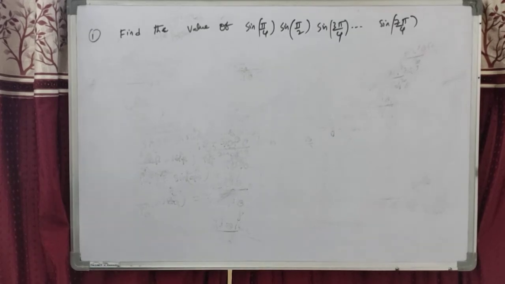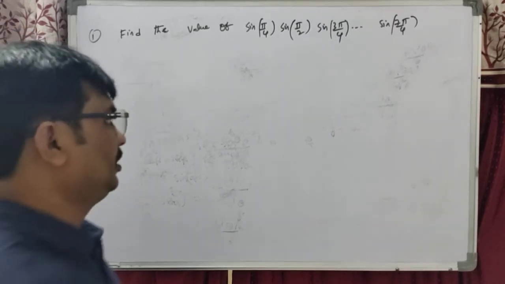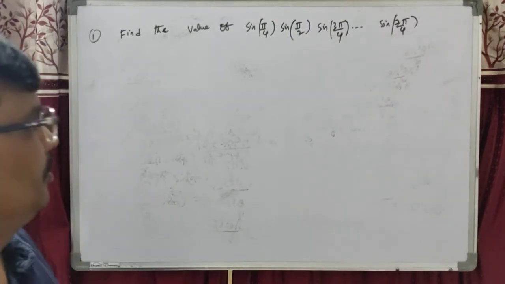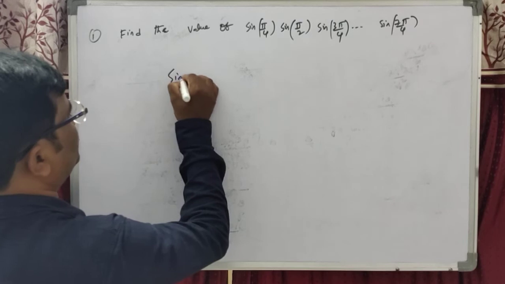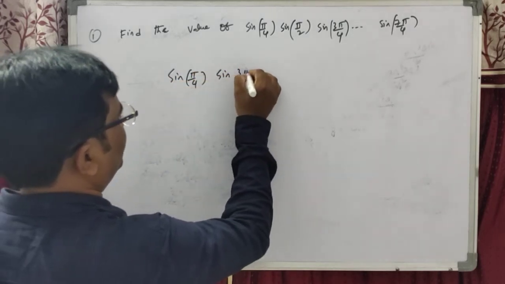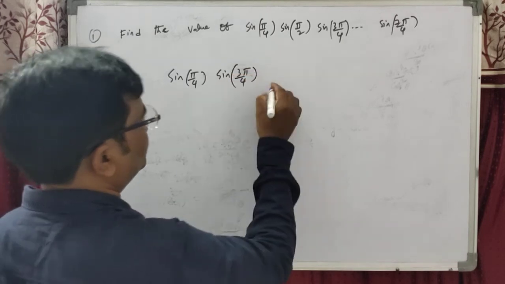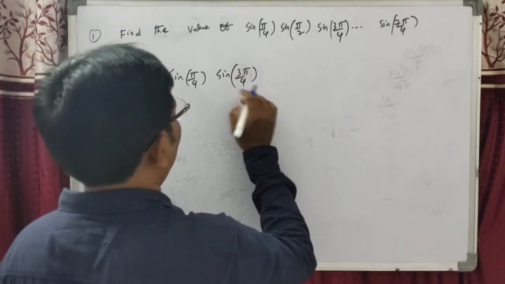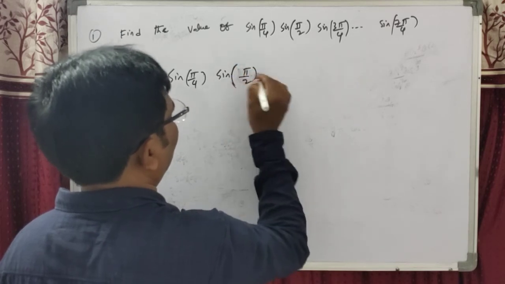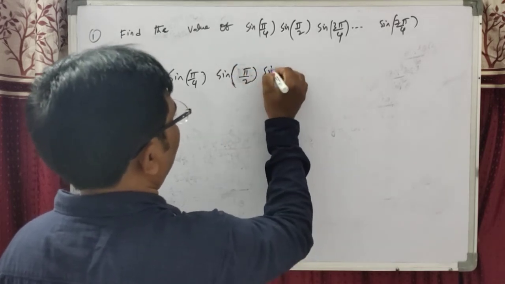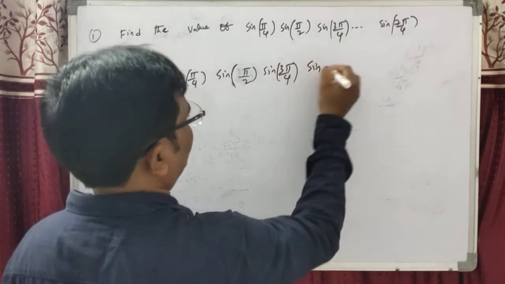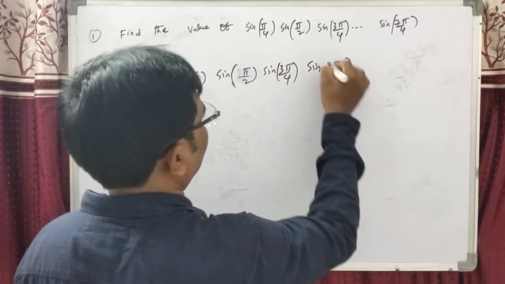Dear students, now find the value of sine pi by 4, sine 45, sine 3 pi by 4 and so on, sine of 7 pi by 4. First you can write sine pi by 4, sine pi by 2, sine of 3 pi by 4, sine of 4 pi by 4.